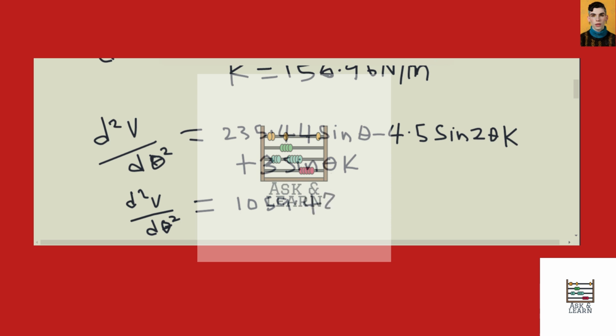You can see that this is greater than zero. So for that position, the equilibrium is stable. So these are the values for the equilibrium position for k and the stability, right?